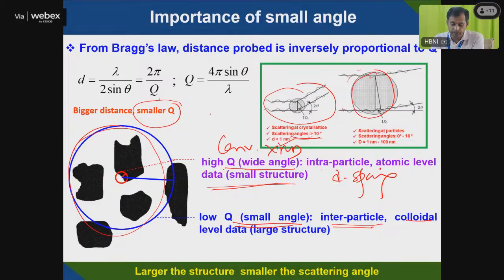For example, the scattering angle depends on the structure, that is, the size of the particle. If you have a big structure, the scattering angle is very small. In the other case, it is the opposite way.